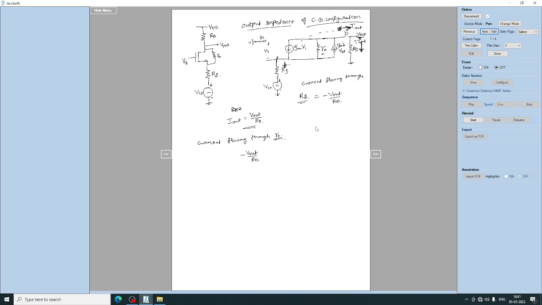So the current flowing through only R naught is the total current minus the gmb current and the gm current, which is minus gm into V1 and minus gmb into V1. This is the current flowing through the resistance R naught, IR naught, as I have taken it.